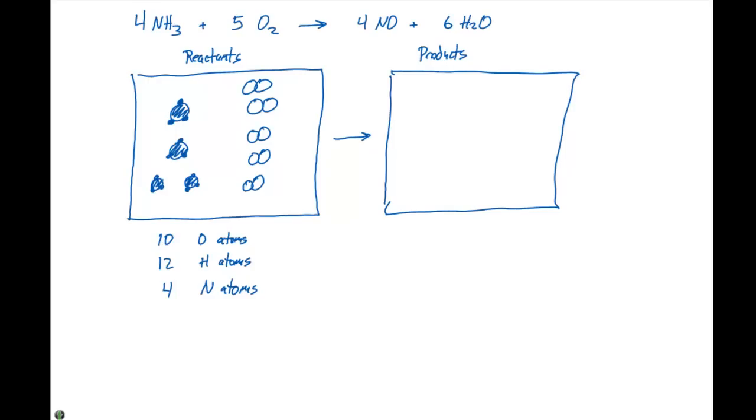In this case, we're going to form 4 NO molecules. So an NO is going to have a slightly shaded atom and an open circle. So we're going to get 4 of those, and then we're going to have 6 waters. The waters are the oxygen with 2 hydrogens on each side.